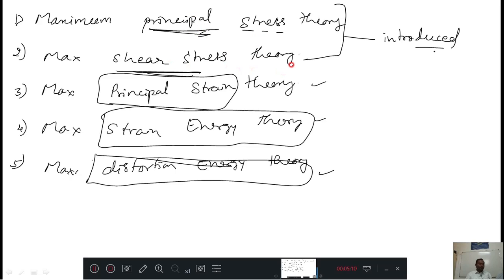Okay. Therefore, I will explain what is principal stress theory and shear stress theory. See here, this theory is also known as Rankine's theory. The scientist's name is Rankine. This is because the scientist Rankine proposed this theory, therefore it is called Rankine's theory.